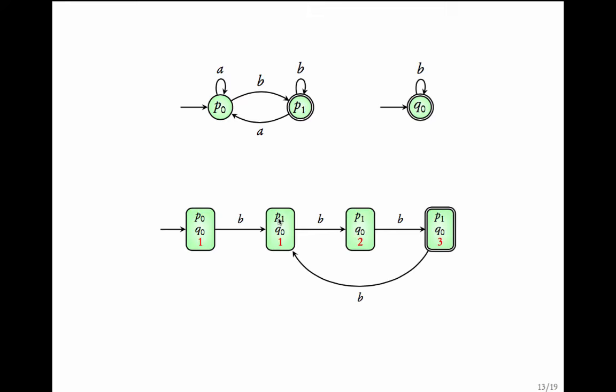However, since P1 is an accepting state, we have already seen an accepting state of the first component, so you should go to 2. Now P1 Q0 on a B goes to P1 Q0. Since Q0 is an accepting state, we have seen an accepting state of the second component, so you go to 3. And here again on a B you go to P1 Q0, start from 1.